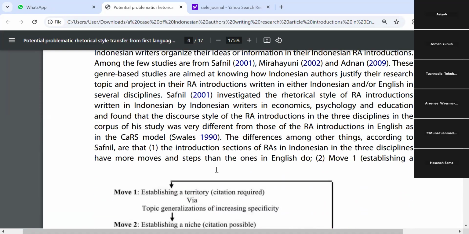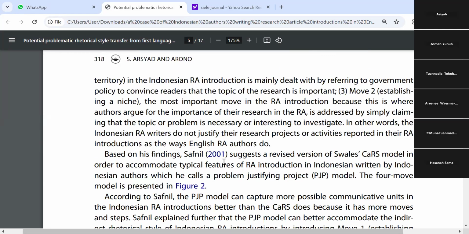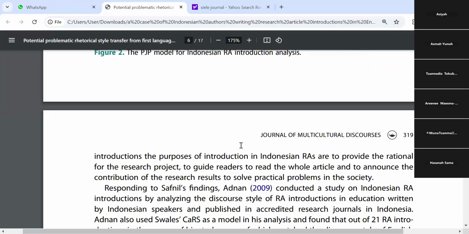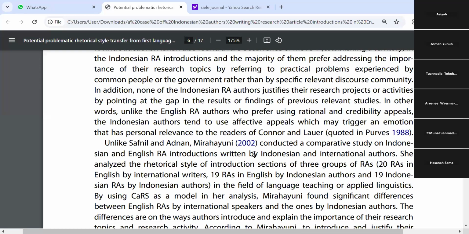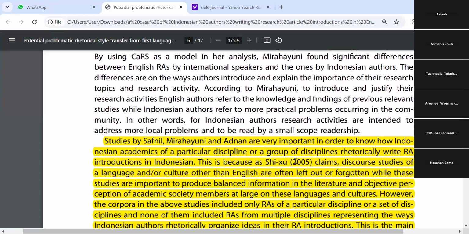This one is finding Adnan, also in Indonesia. All studies were conducted in Indonesia, so it is based on the country, because no other studies were conducted outside Indonesia.